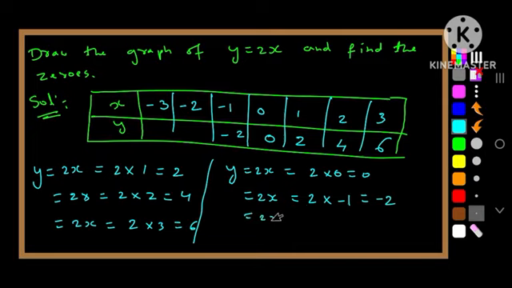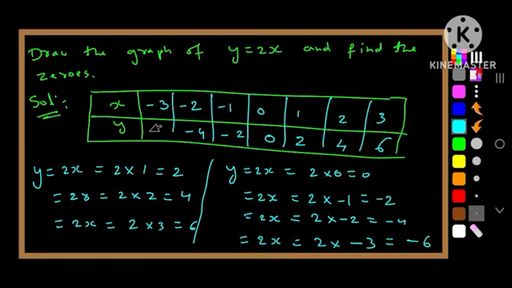Similarly, x is minus 2, so minus 4. I am getting the answer as minus 4. For 2x, x is minus 3, I am getting the answer as minus 6. So these are our values of both x and y.